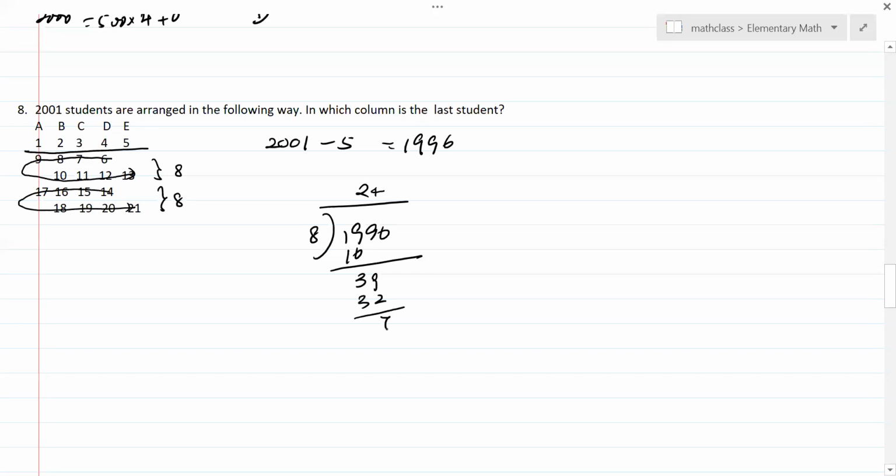So this number is going to be 249 pairs of rows. 249 times 8 plus 4.